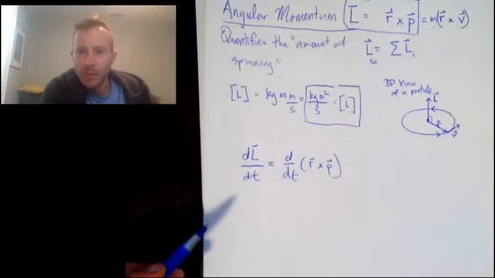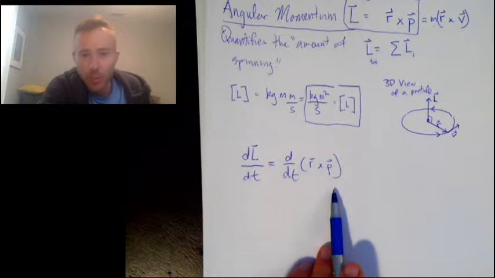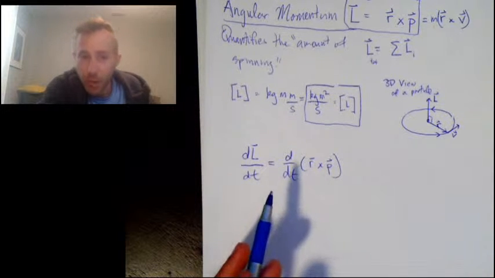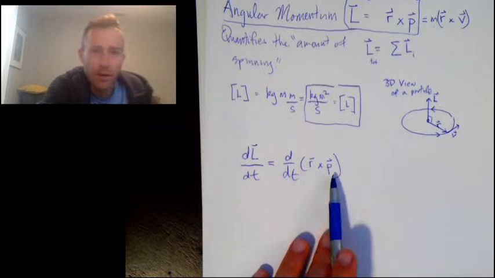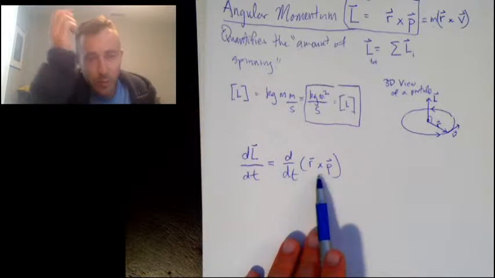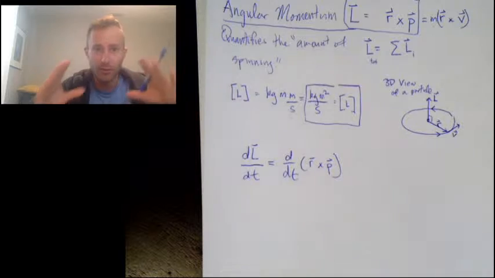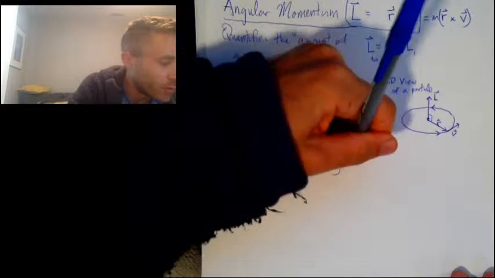This is two things multiplied together, so when we take the derivative, we do the product rule. But because these are cross products, the order matters. So we have to keep r and p in the same order when we do the product rule.